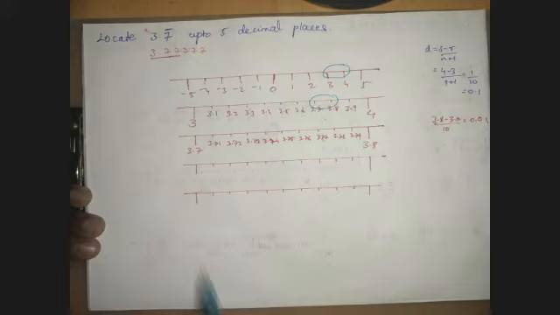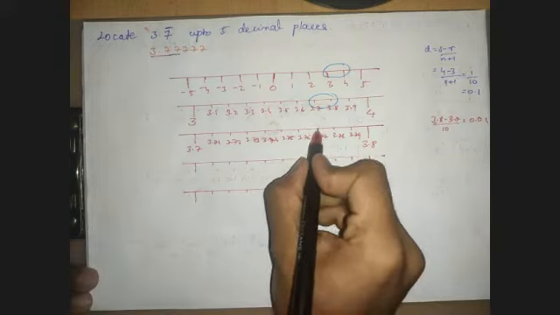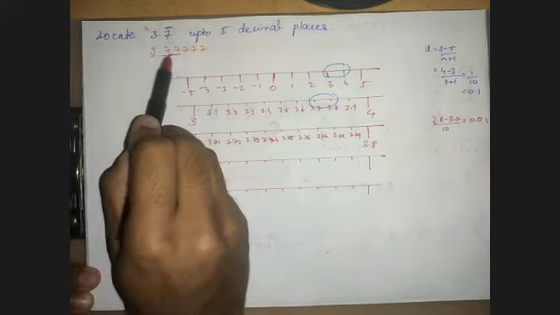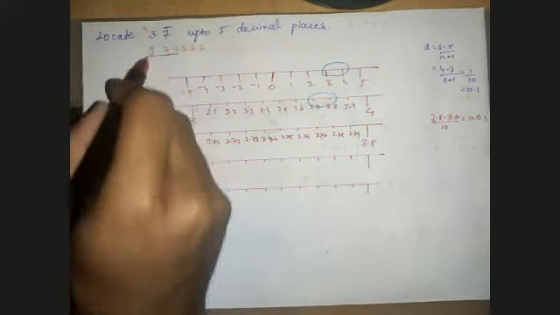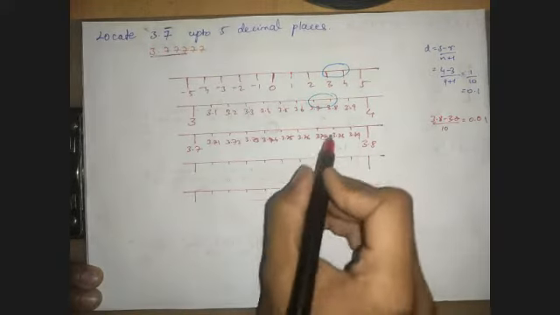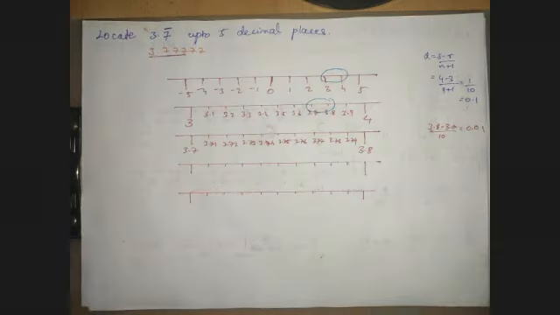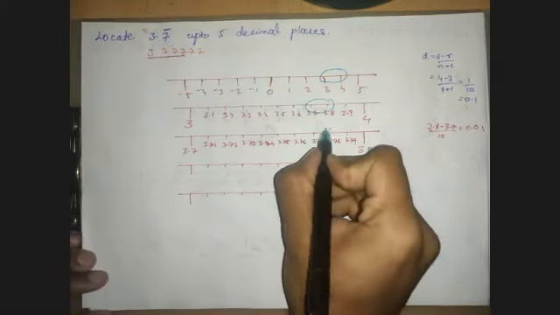We represent it. So what do we have? We have 3.77 out here. So we have represented 3.77. So where is 3.777? 3.777 would be greater than 3.77 and less than 3.78. So it would be in this region.